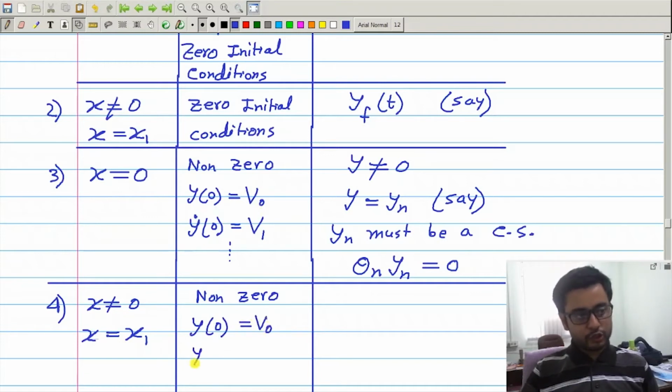So y(0) equal to v0, y dot(0) equal to v1, and so on. Now what will be the output?